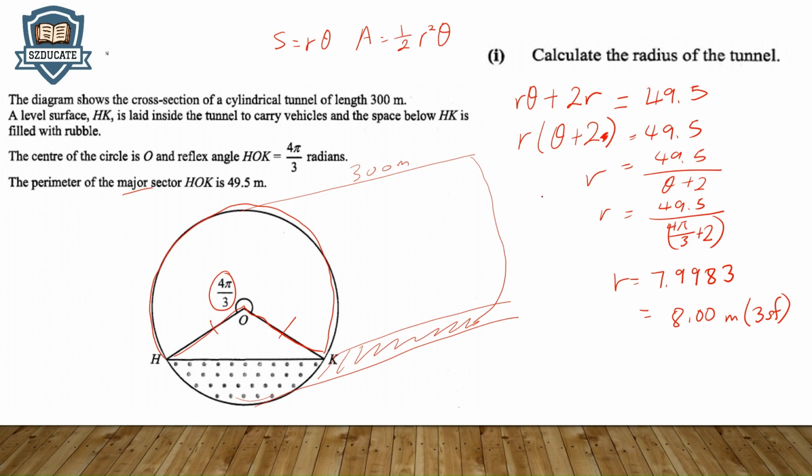So here we have the radius. I deliberately wrote out 5 SF because I might need to use r later on. If I need to use it, I will not use 8, I will use 7.9983. Let's continue.